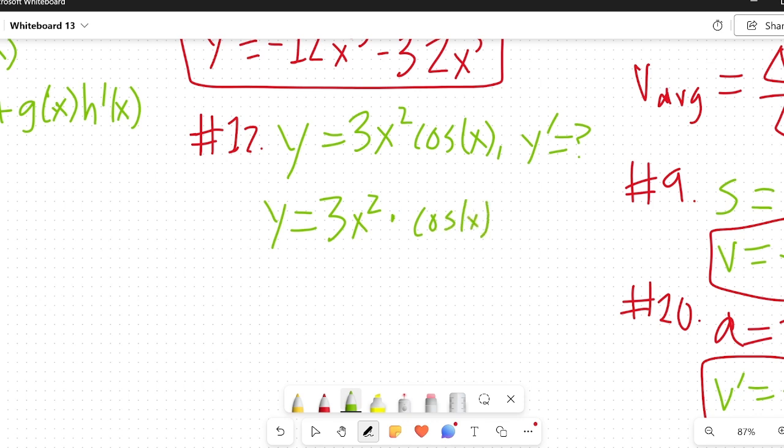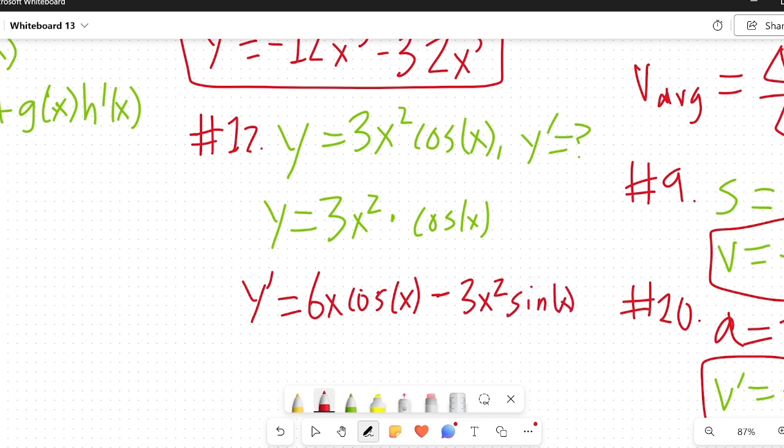And now if we use the product rule, we take the derivative of the first function, bring the 2 out in front, it's 6, reduce the power, so 6x, multiplied by just the original cosine of x, minus 3x squared sine of x.